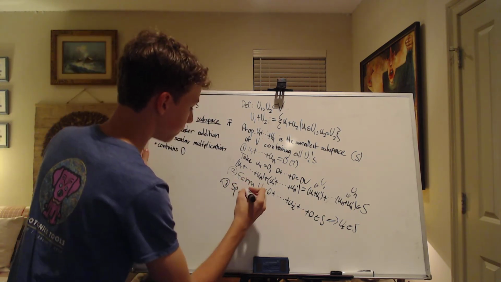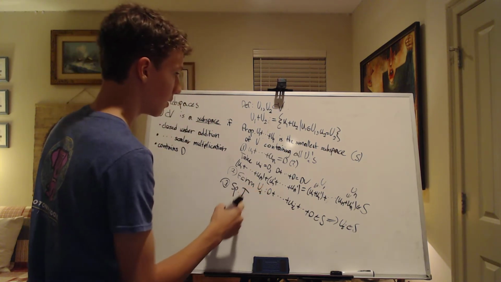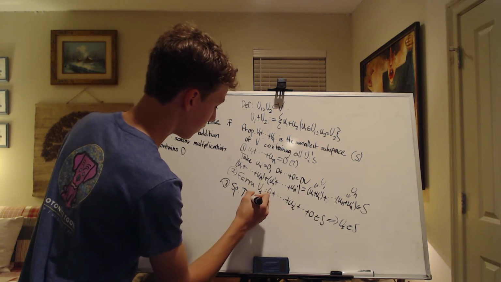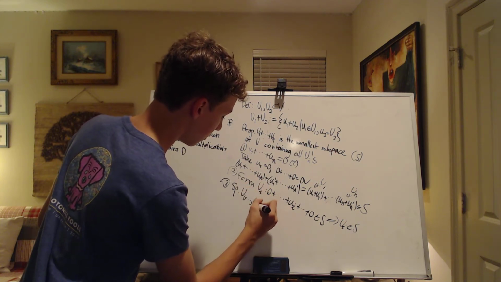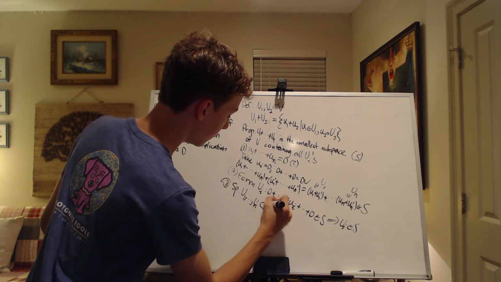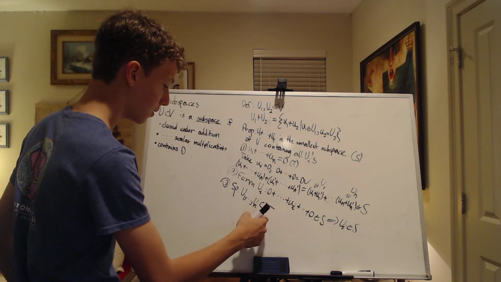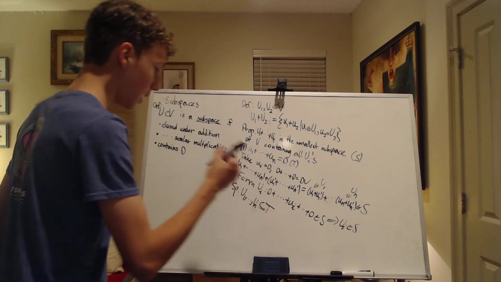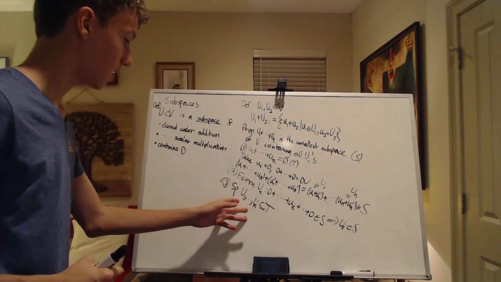Suppose a subspace T contains, so let's say each of the UIs are contained in T, which is a subspace. Well, since it's a subspace, it needs to contain the sum of all of the elements.